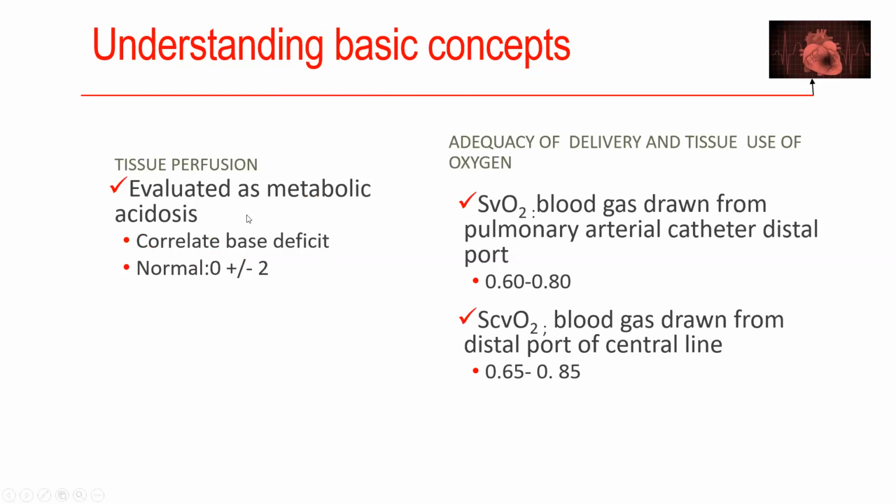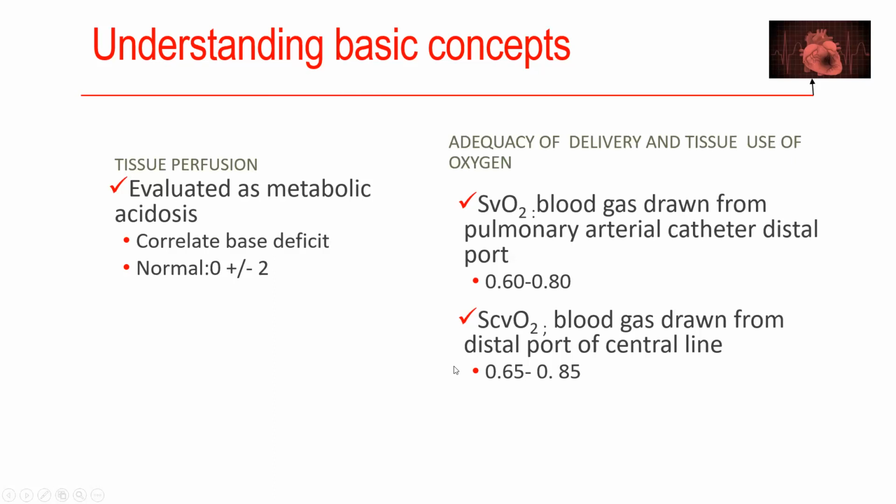And then just reminding ourselves, we're going to evaluate tissue perfusion by base deficit. Here at Grady, we use base deficit, but also bicarb. When base goes into deficit, bicarb is also going down. Base deficit, decreased bicarb, metabolic acidosis. And then we look at SVO2 and SCVO2. We're going to talk more about that.